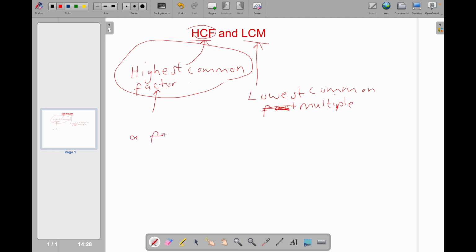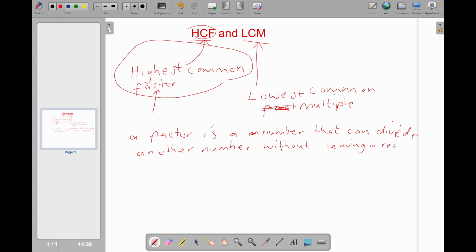A factor is a number that can divide another number without leaving a remainder.